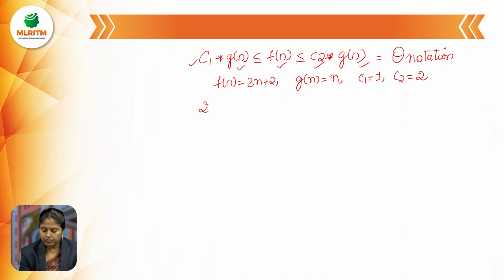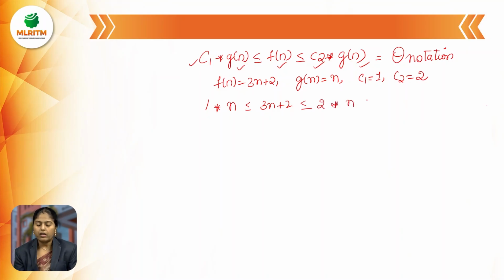For C1, what is the value here? C1 value is 1. C1 value is 1 into what is g of n here? That is g of n is equal to n, less than or equal to what is f of n? 3n plus 2, less than or equal to what is C2 here? 2. What is g of n?